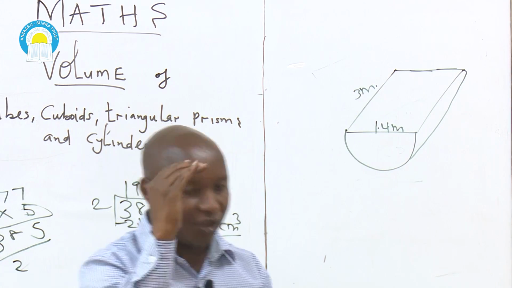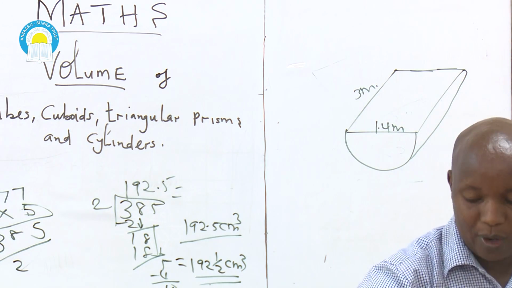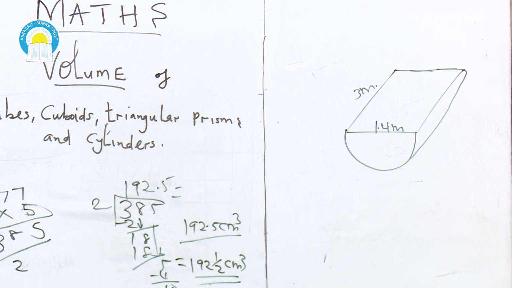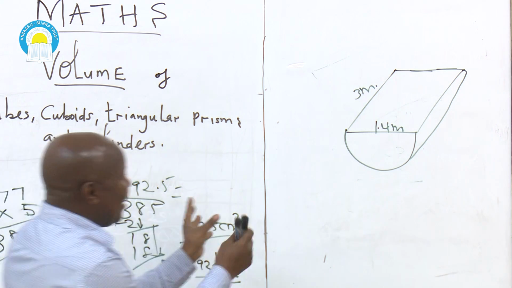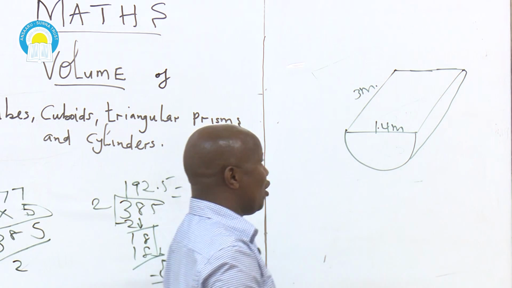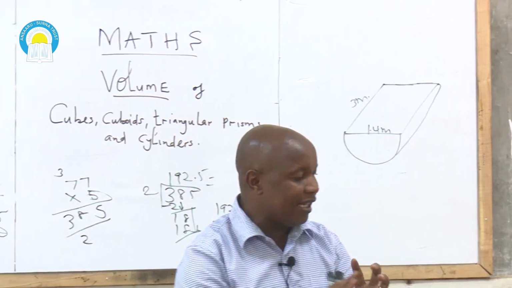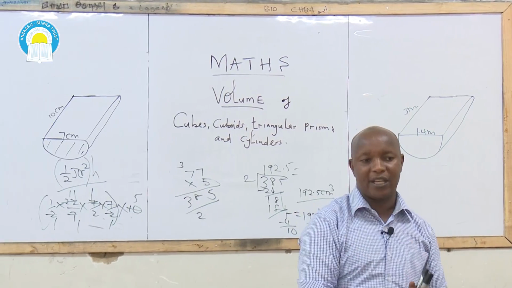You are very lucky that I'm teaching you as it relates to how the questions are tested in the national examinations. Just to repeat what I've said on the other side, for the volume of a half cylinder, you get the area of the cross-section. In our case here, get the area of the semicircle, then you multiply times the height. And class, once you get a number in decimal form, don't use decimals in the class.